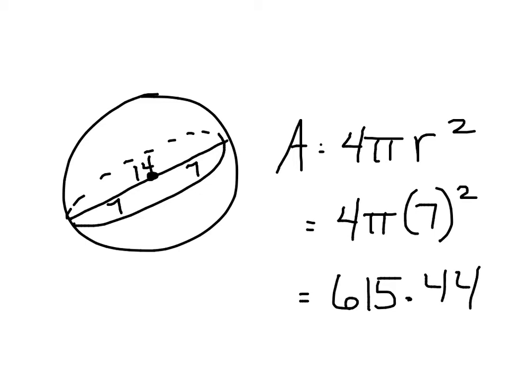And if I actually type the pi button, which I know some of you have, I end up with 615.75. So again, there's just a little bit of a difference. It's not that much to notice, okay? So I'm going to give you either one for that, is what I'm trying to say. Is everybody good with how to find the area of a sphere? Okay.